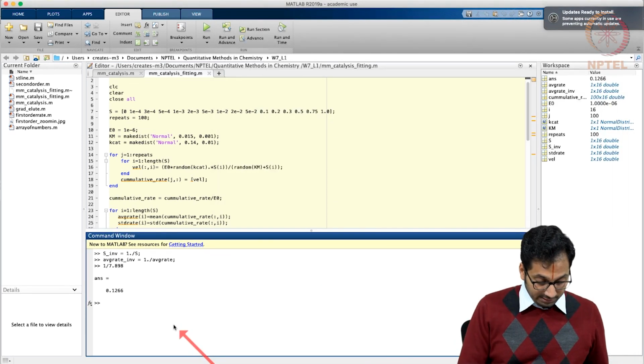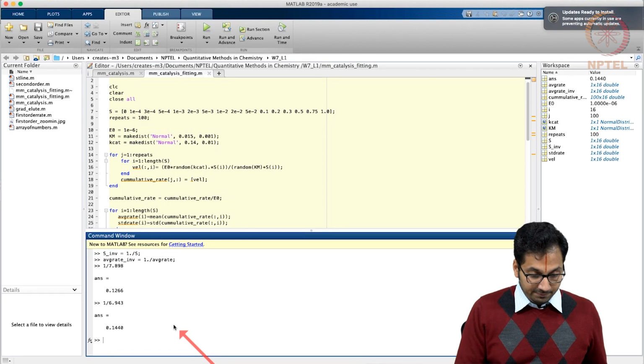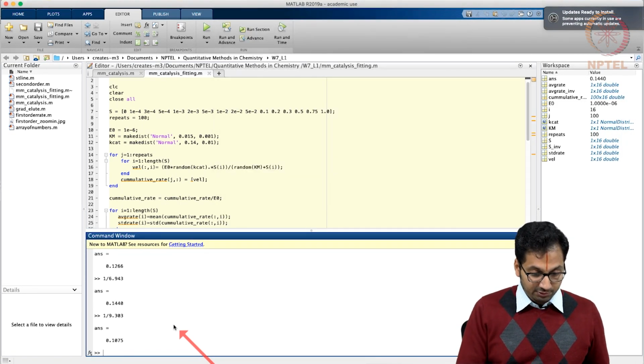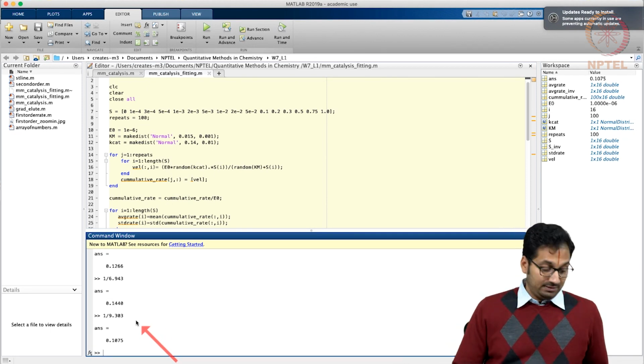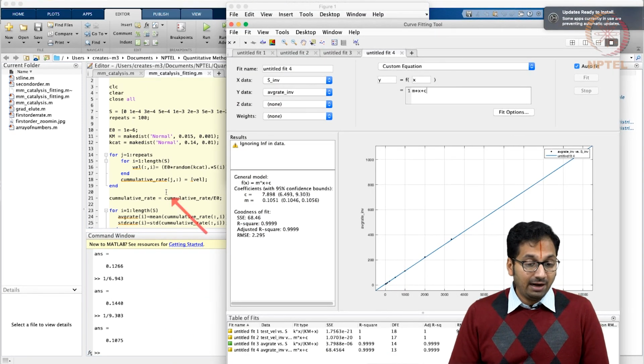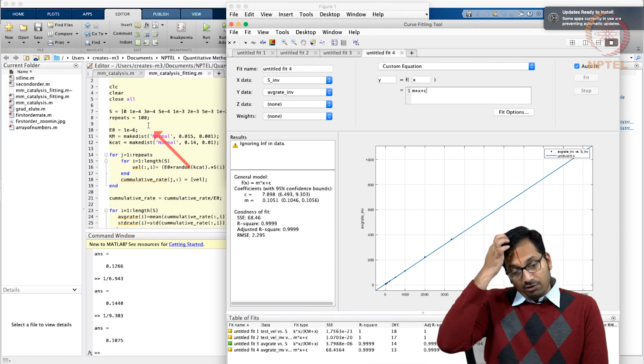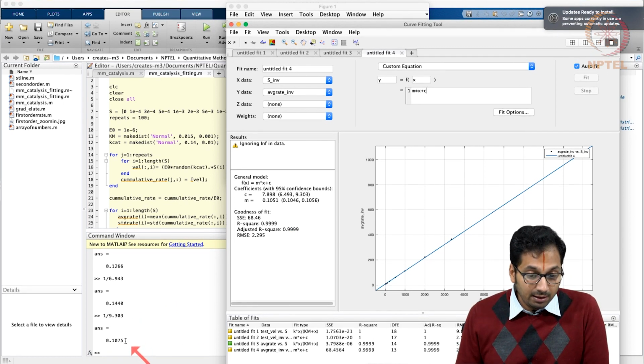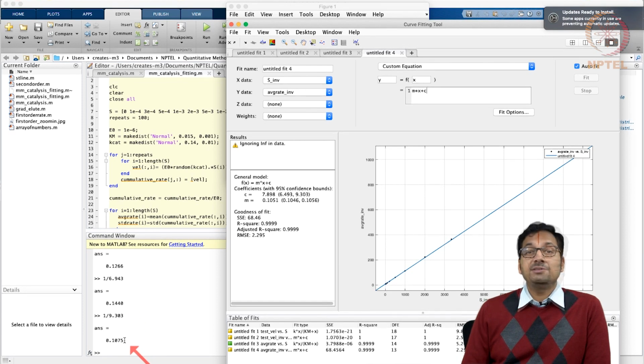Why don't we invert that and see that? 6.943, so that's 0.144 and 1 over 9.303. So you are able to realize, although you did 100 simulations, when you are inverting the plot to get the fits, although the fit is fantastic, your Kcat goes from 0.10 to 0.144.